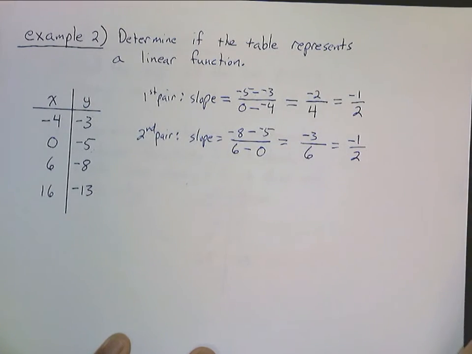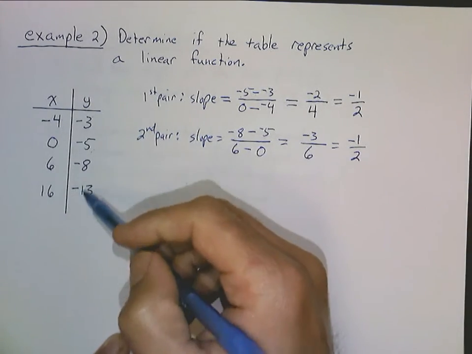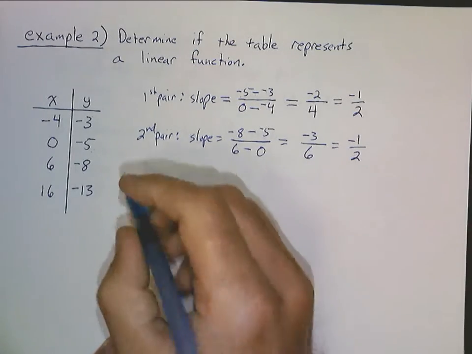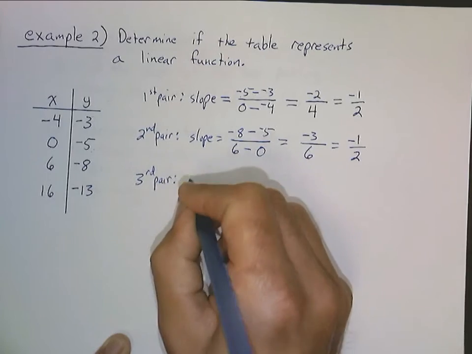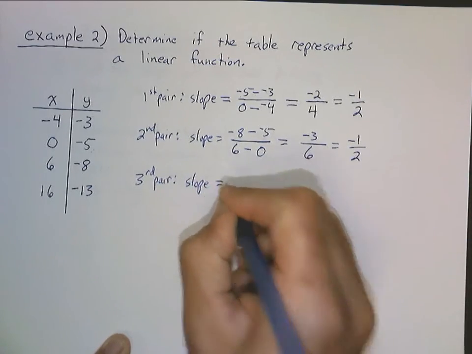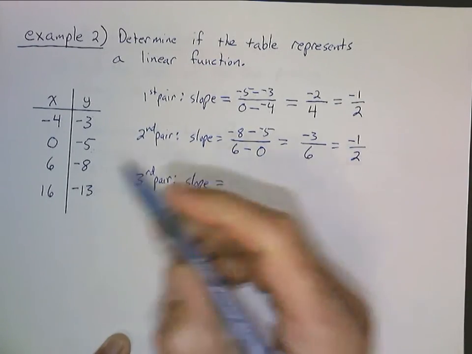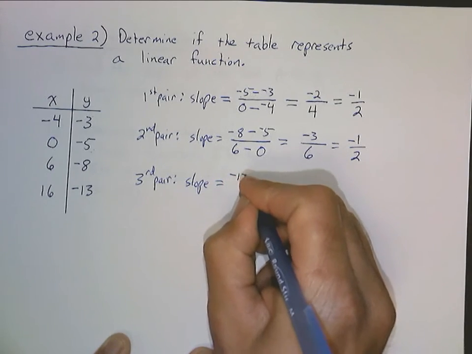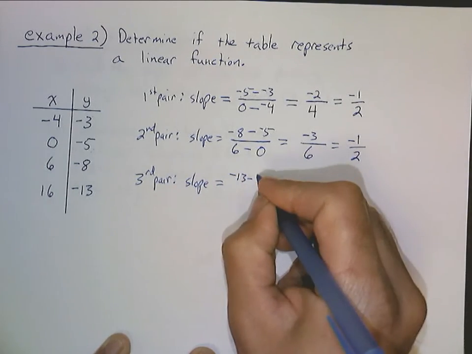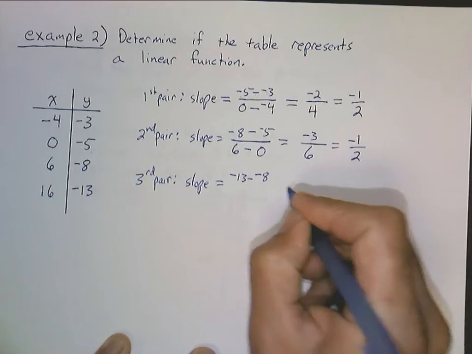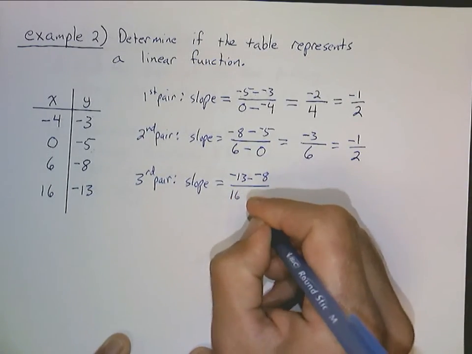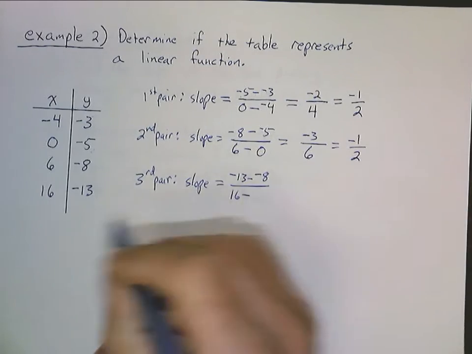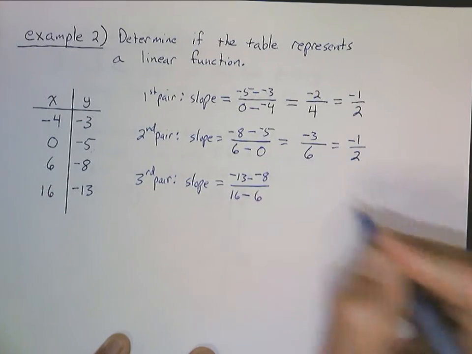So it's linear, right? Oh, hold on. We've got one last pair that we need to check. So the third pair of points, again, the slope is going to be the y-coordinate of the second point, negative 13 minus the y-coordinate of the first point, negative 8, over the x-coordinate of the second point, which is 16, minus the x-coordinate of the first point, which is 6.